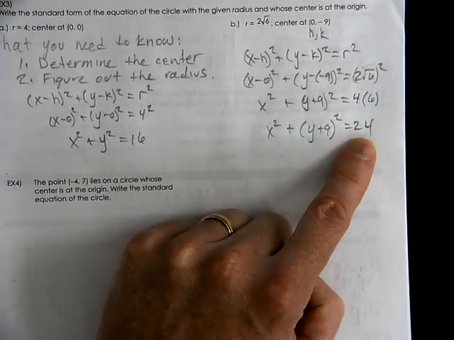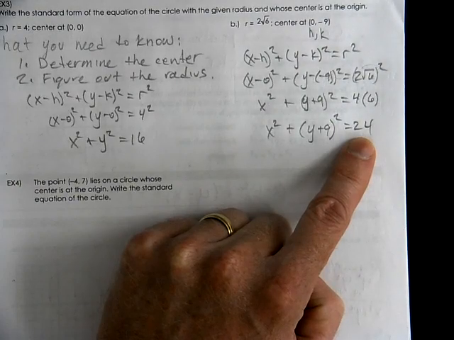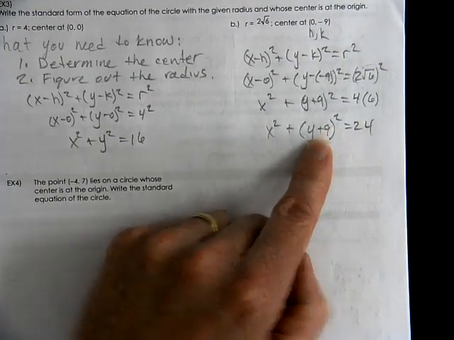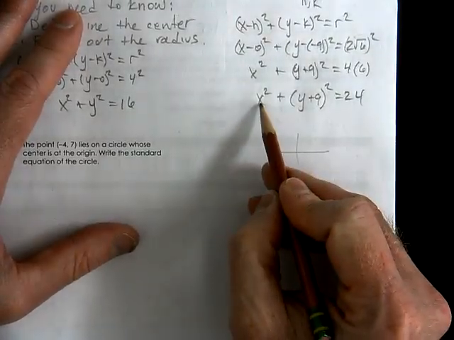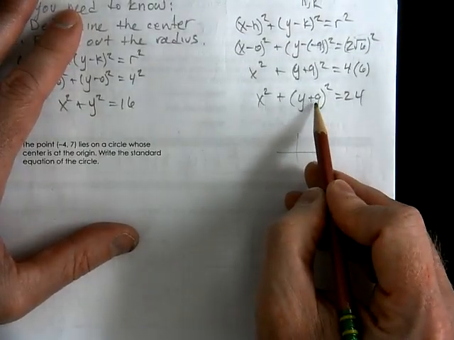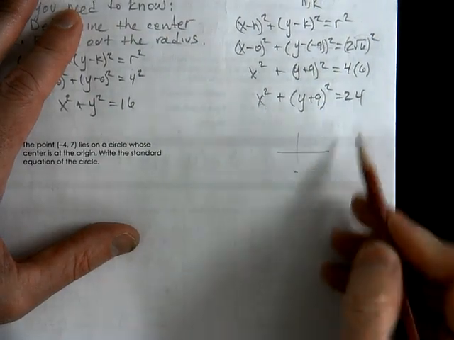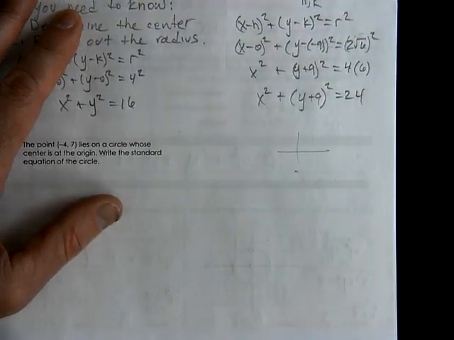Now, if we were going to graph this, what would our radius be? If we were to graph this, you would think about right and left nothing. You'd go down 9, and what would you do to figure out your radius?